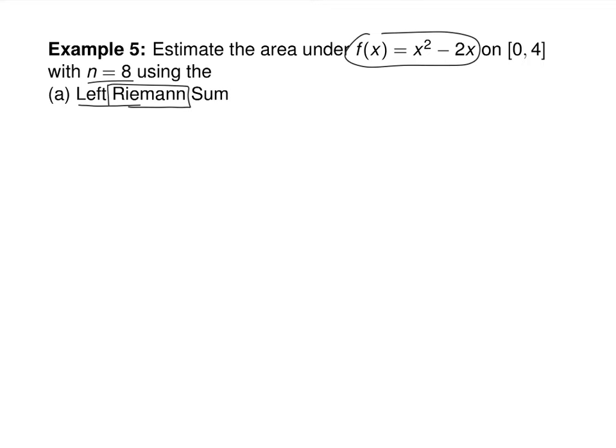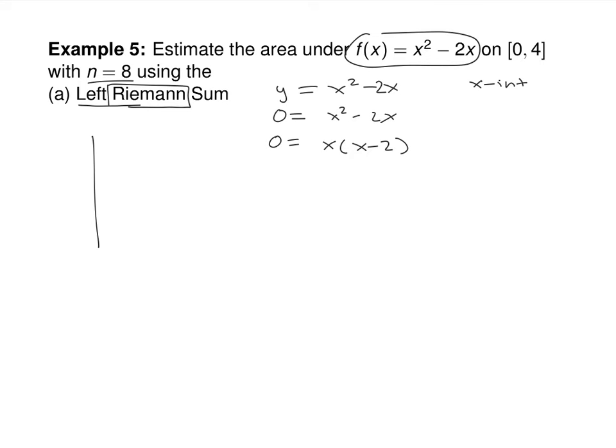So first of all, let's graph x squared minus 2x. If you're graphing functions, a really, really good place to start is to find the intercepts. Can you find the x-intercepts for this guy? Set y to 0, x squared minus 2x. Take out an x, and you get x minus 2.